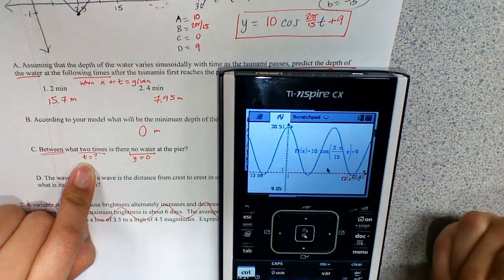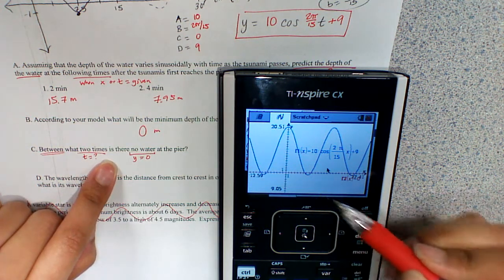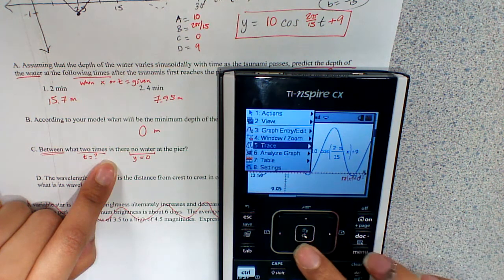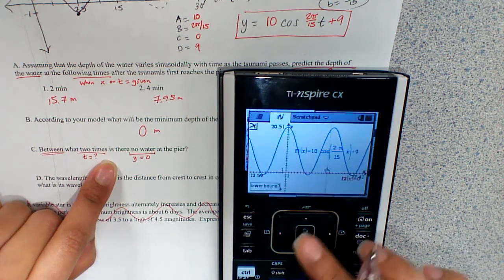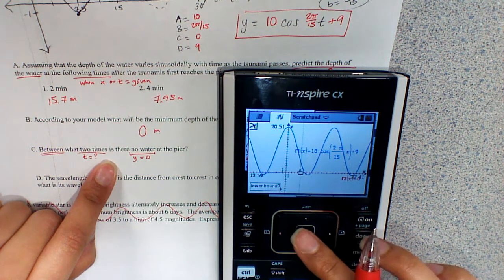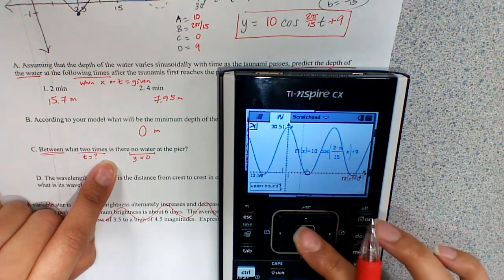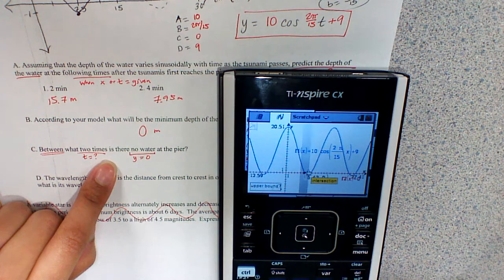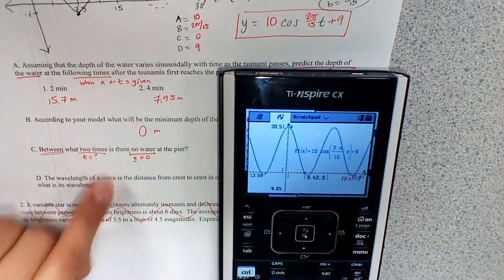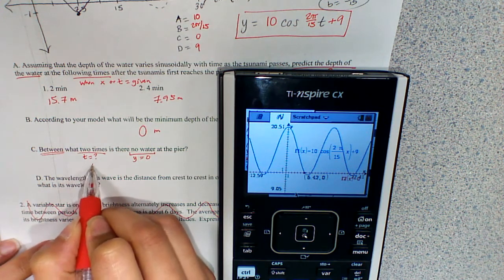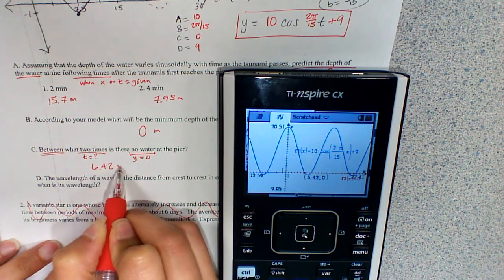So I'm going to go to menu, go down to analyze graph. I want the intersections. So on the left side of that first one for the lower bound and a little bit to the right side for the upper bound. And my intersection, when y is 0, the first time is 6.42 minutes.